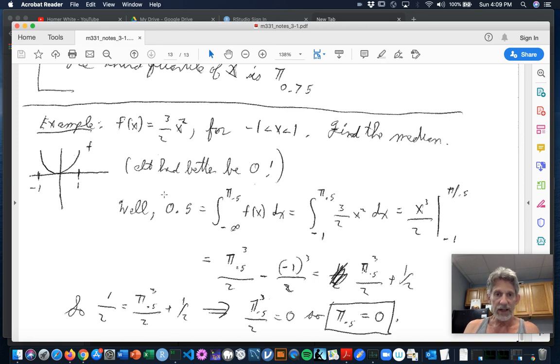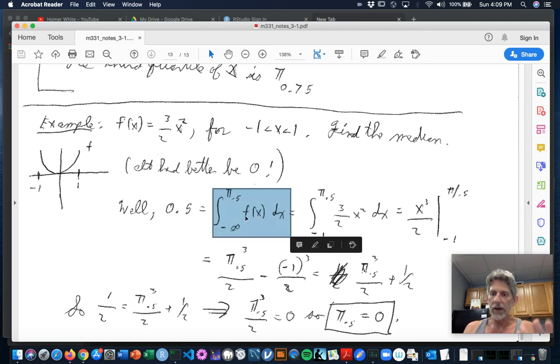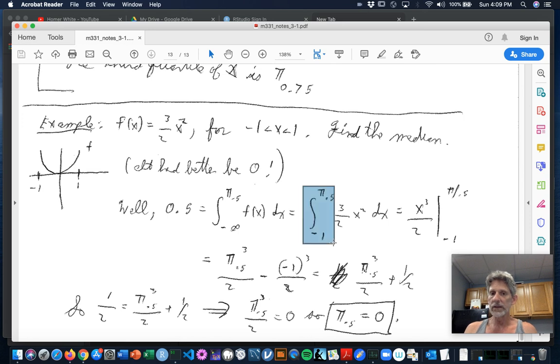So I set it up. p is the integral from -infinity to pi sub p of f of x dx. And I work with my support, I just go from -1 to pi 0.5, of 3/2 x squared dx.